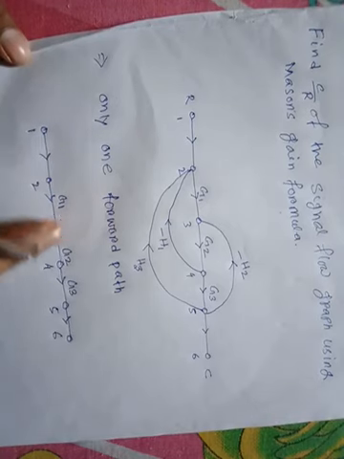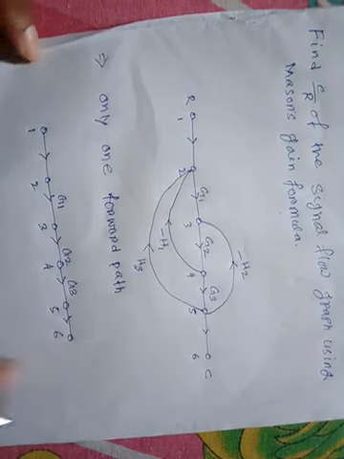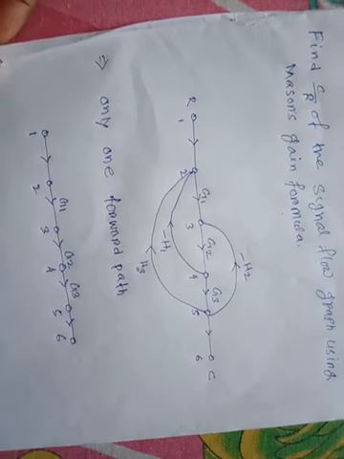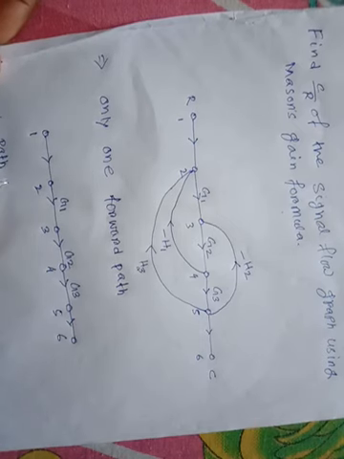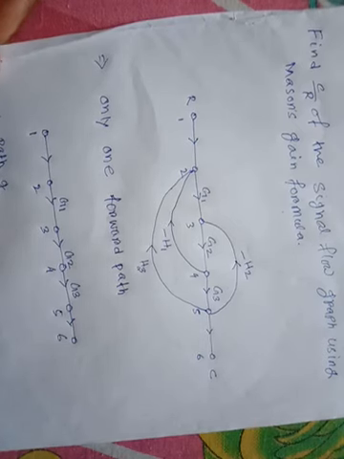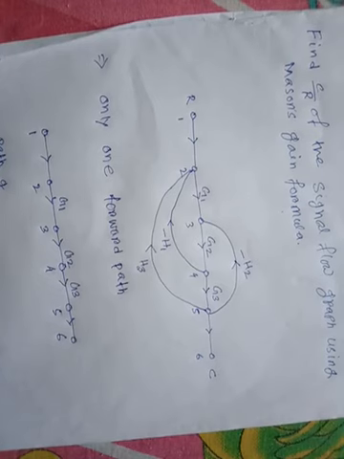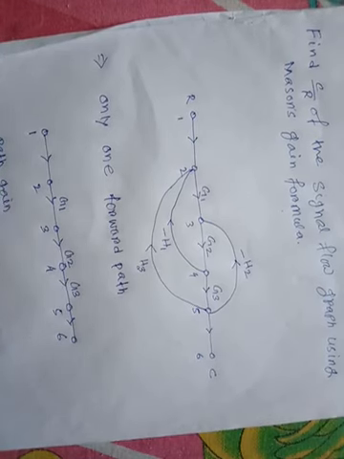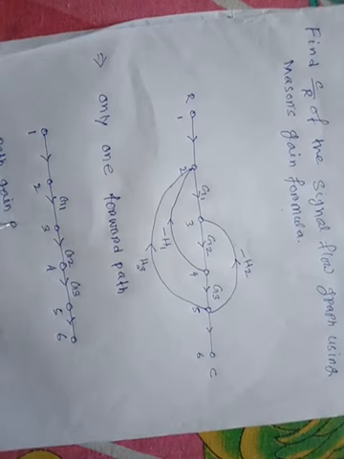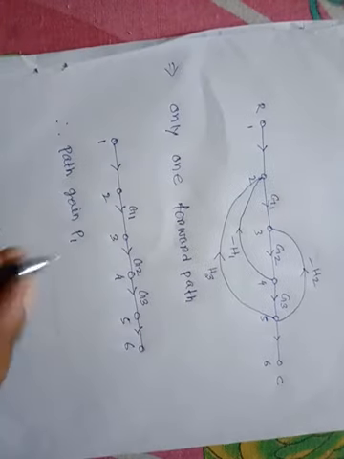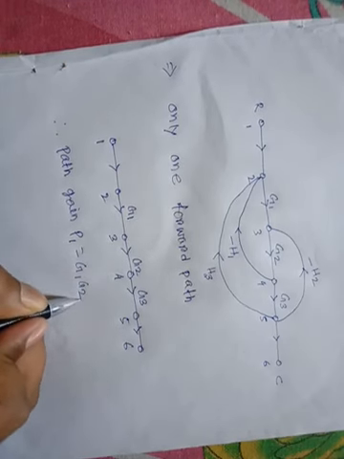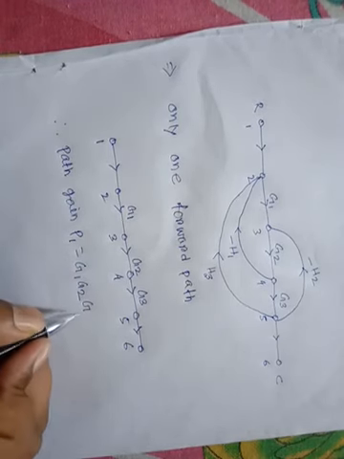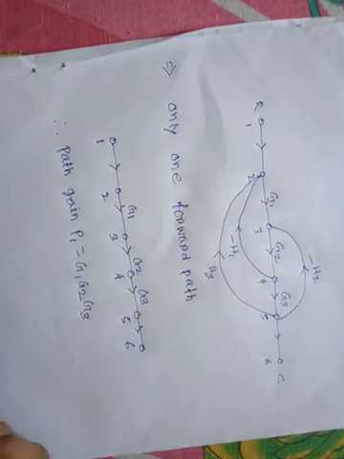It is a forward path. Therefore, the path gain, or forward path gain, P1 is equal to G1 G2 G3, the product of three functions.